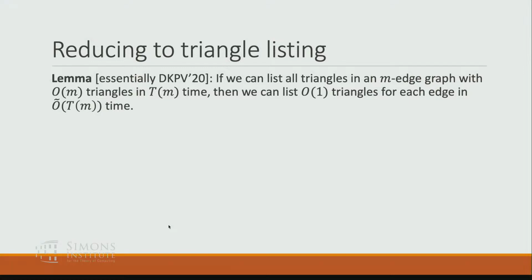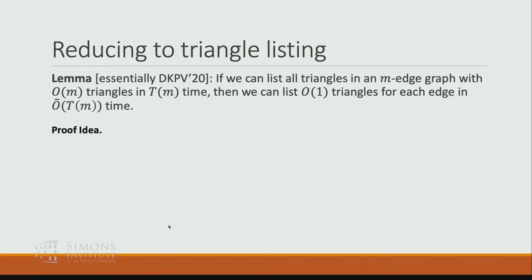To do so, we just need this lemma, which says that if we can list O(m) triangles in an unweighted graph with O(m) triangles in T(m) time, then we can list O(1) triangles for each edge in roughly also T(m) time. Because previously we showed hardness for the second problem, this lemma will imply the hardness for the first problem as well.